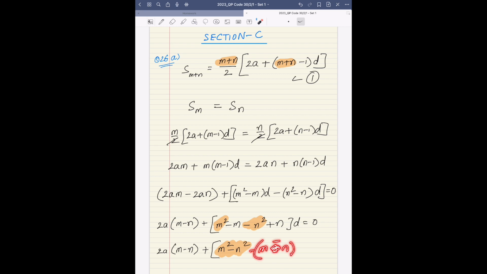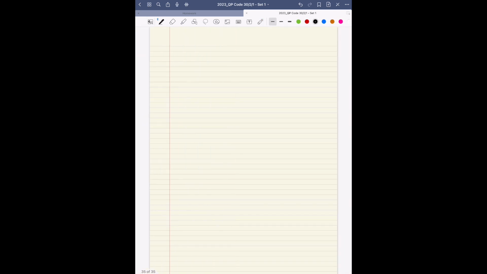Then this plus will become minus. So what we do? Take minus, put a bracket and write m minus n. D is equal to 0. If you open it, it's nothing but m square minus n square written over here and minus m plus n. So it's the same expression, right? Okay. So it's almost done.